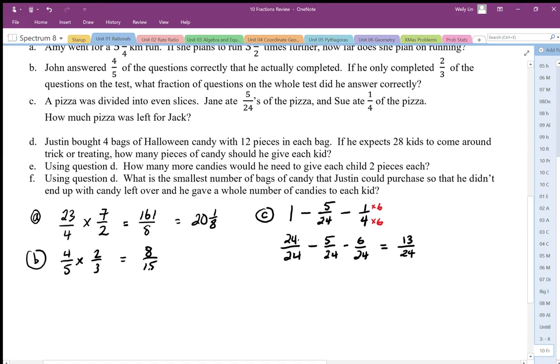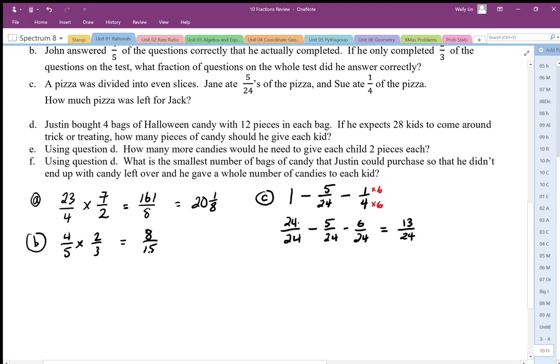Okay, so Justin bought 4 bags of Halloween candy with 12 pieces in each bag. He expects 20 kids to come around. How many pieces of candy should he give to each kid? Okay, so the total amount of candy is going to be 4 bags of 12. And he's going to divide this up between 28 kids.